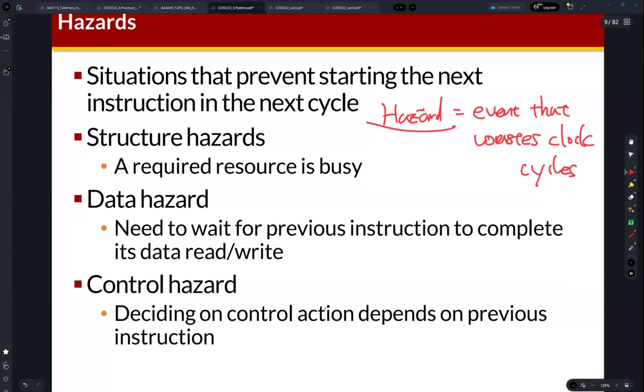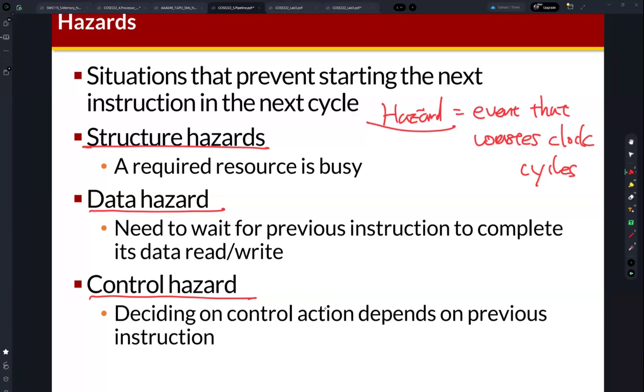There are three types of hazard: structure hazard, data hazard, and control hazard. This is also very important, so you need to understand the reasons of hazard. If we can understand why clock cycles are wasted, then we can create an idea that can avoid these hazards, right?